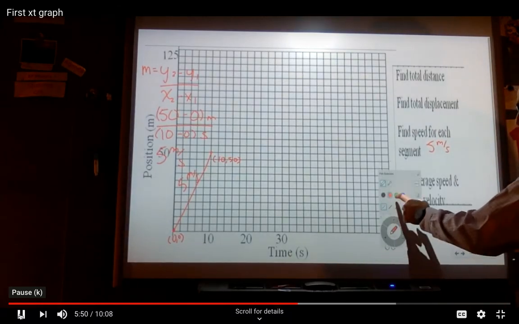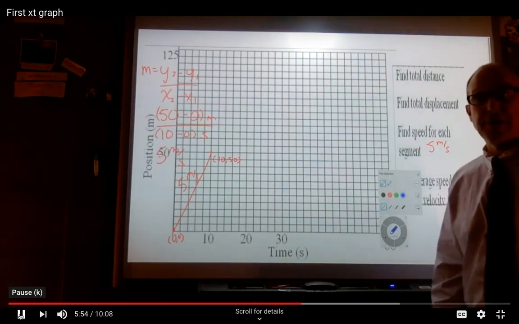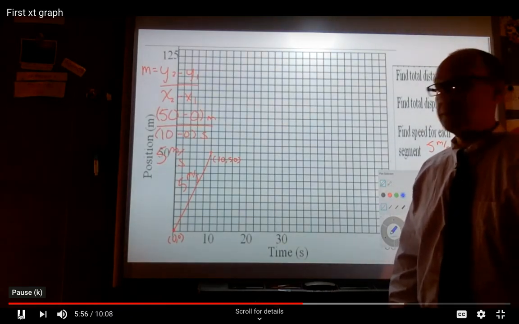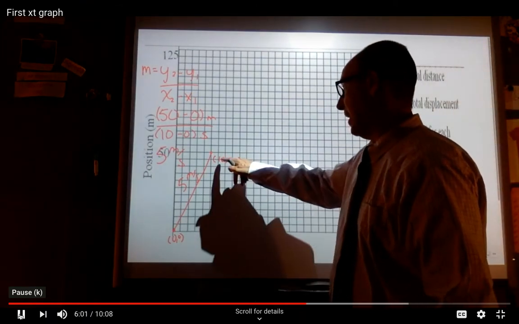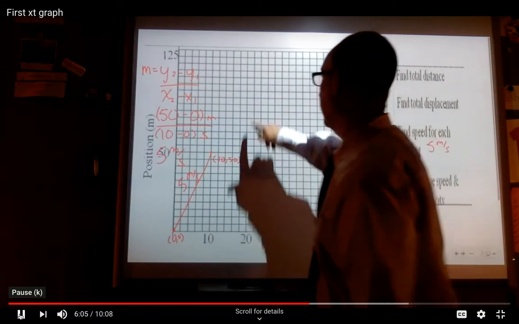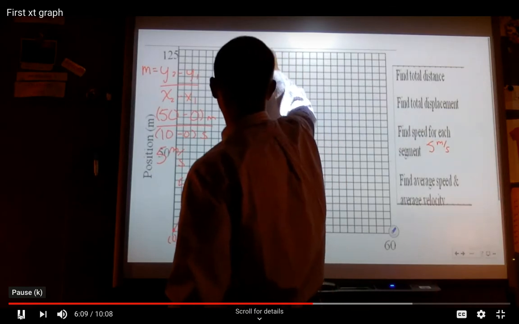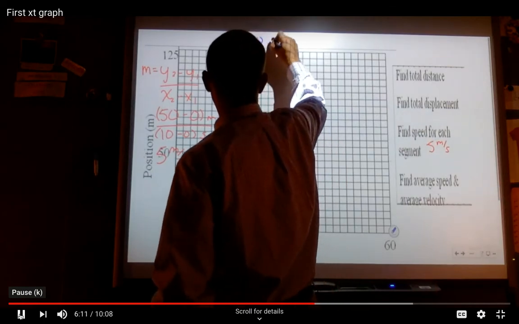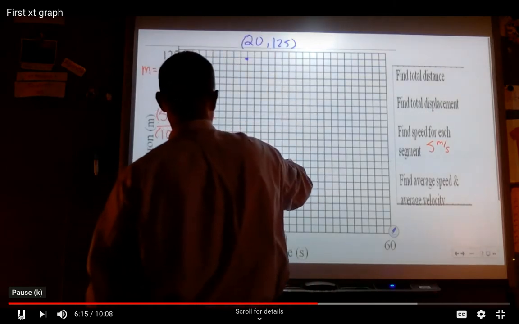For the next segment, he speeds up and he went an additional 75 meters in 10 seconds. So I'm going to have to add 75 to 50 and 10 to 10. So I'm going to end up at 20, 125. And I'm going to connect this with a line.